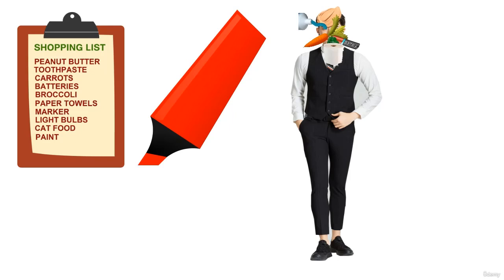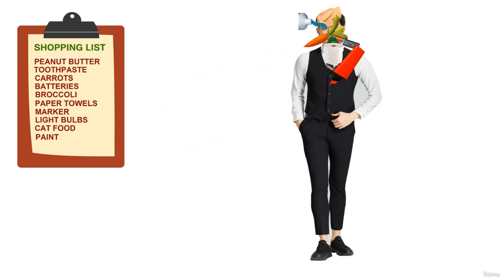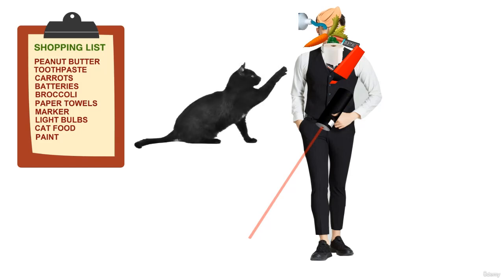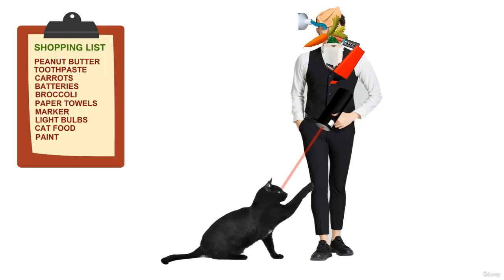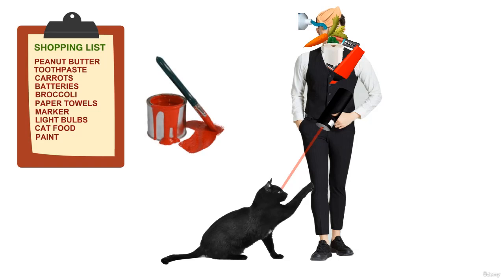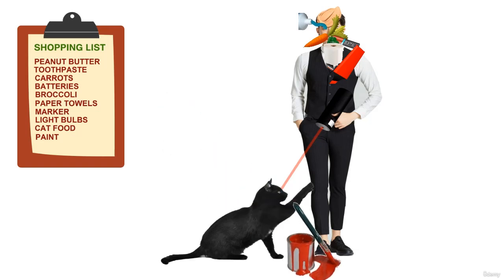Chest, marker. I imagine a tattoo on my chest drawn with a marker. 8. Belly, light bulbs. A beam of light is shining from my belly button. 9. Knees, cat food. I imagine a cat scratching my knee. And 10. Feet, paint. I imagine putting my foot into an open pot of red paint.